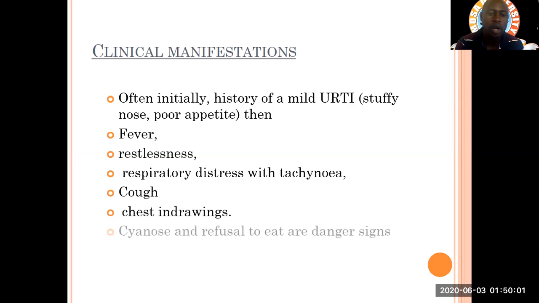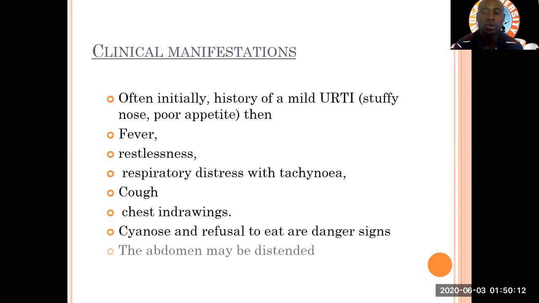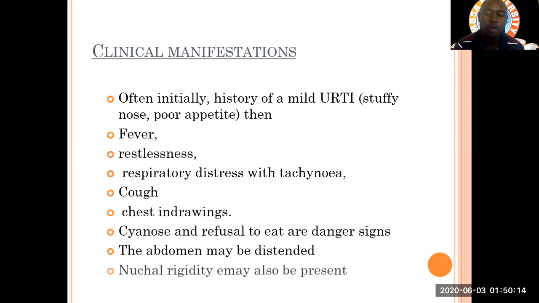Also, we may talk of cough. On physical examination, you will see chest indrawing, cyanosis, and refusal to eat, and they may present with other danger signs. Nuchal rigidity may also be present.